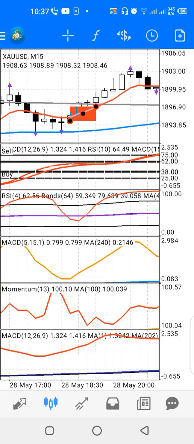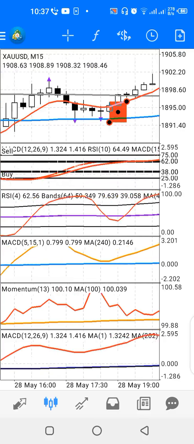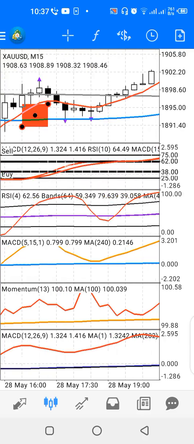And my red line is above the blue line. My red line has crossed above the blue line, like what we have around here.